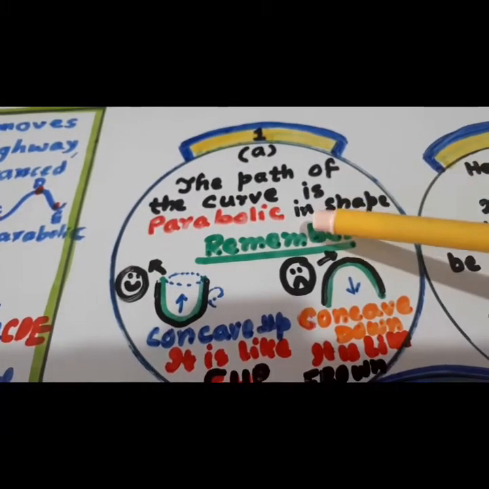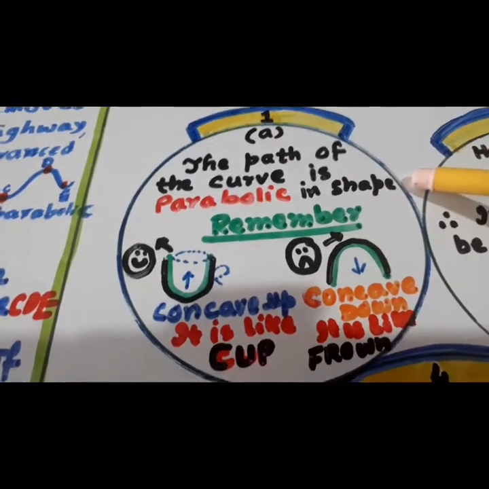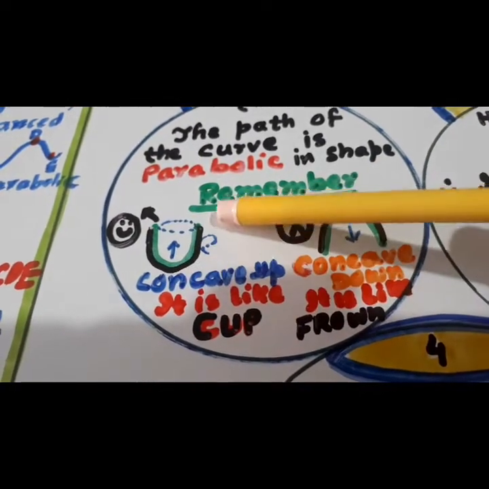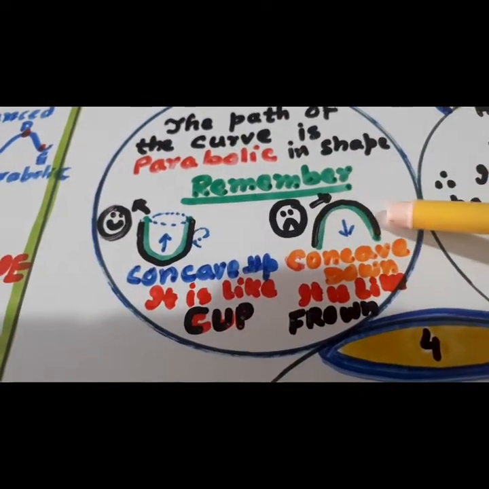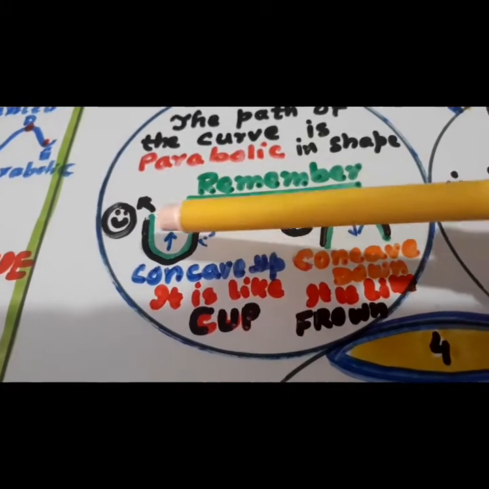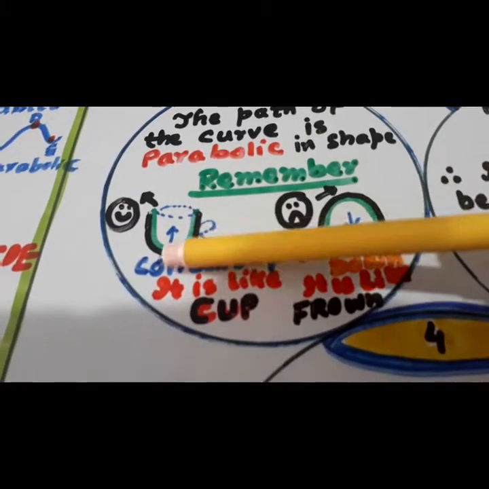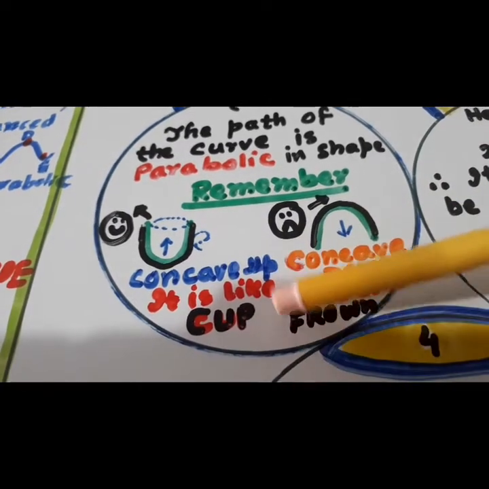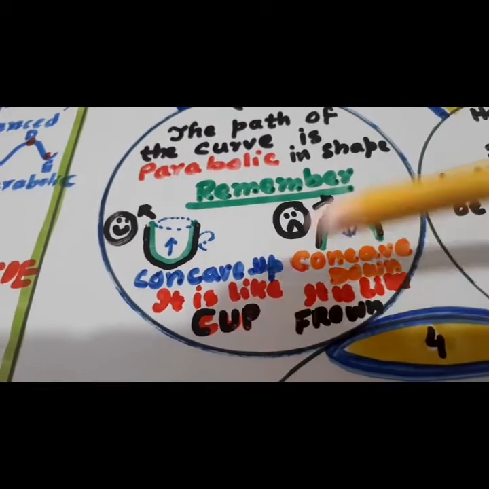Now look here, this is the solution of part A. The path of the curve is parabolic in shape. Remember, these are parabolic curves. This one is open on the upside. It is concave up, it is like a cup.